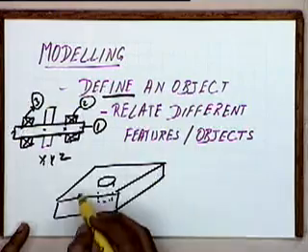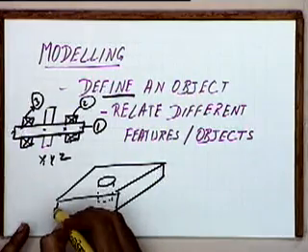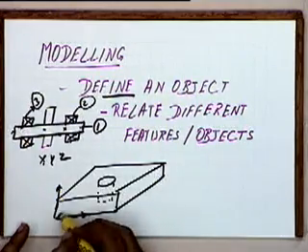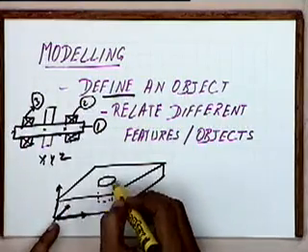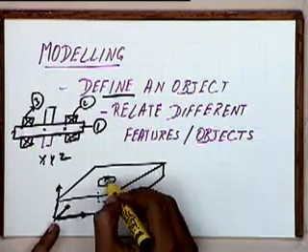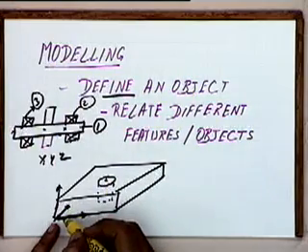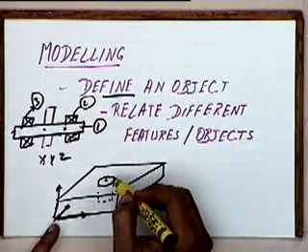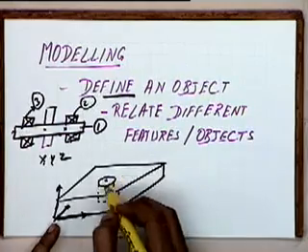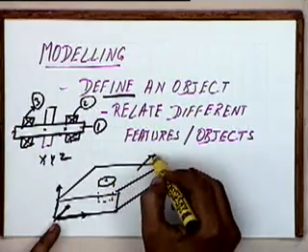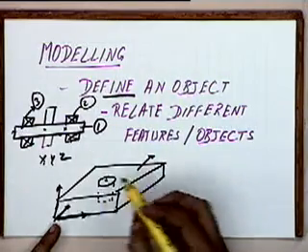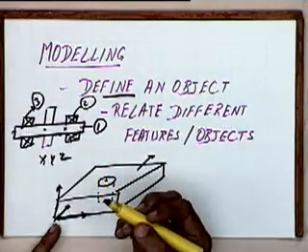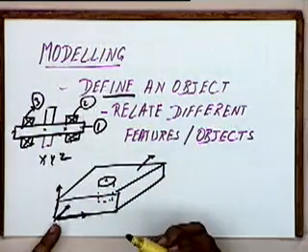We will have to relate that this block, let us say whose origin is at this location, this is the origin, this hole, this feature, is at a particular orientation with respect to this origin, at a particular distance. This hole is on, let us say, this face, the top face. This hole is a vertical hole and is a through hole.